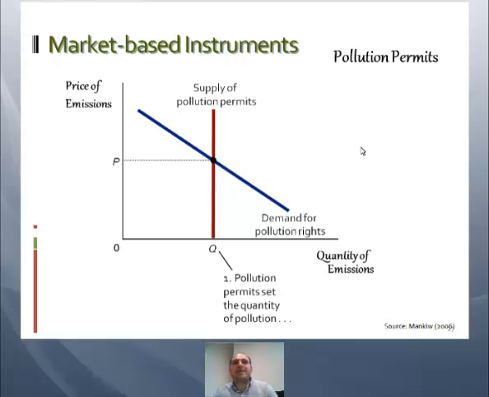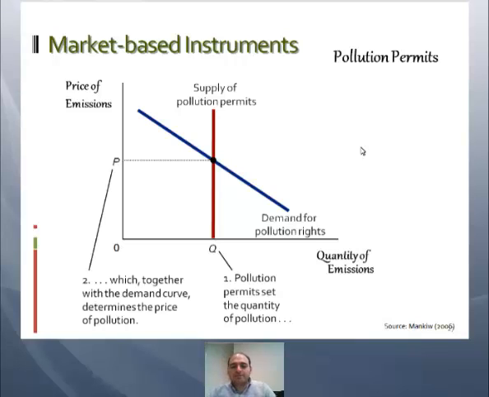So you have a market, and this market works like this. You set the quantity of pollution that you want. You say that I want to reduce emissions by that percentage.